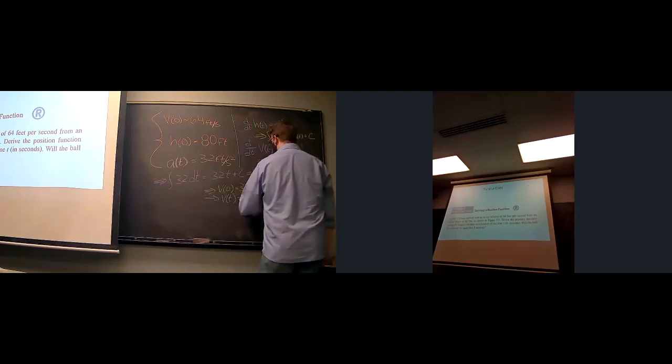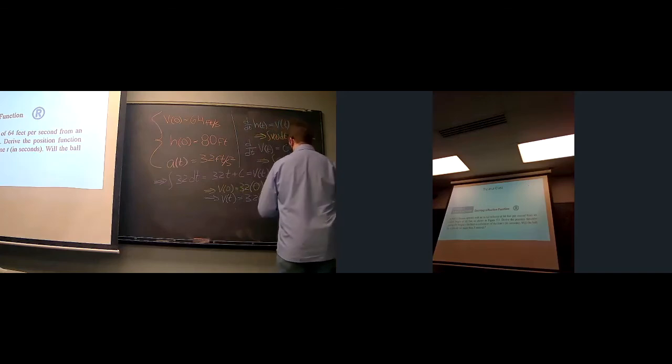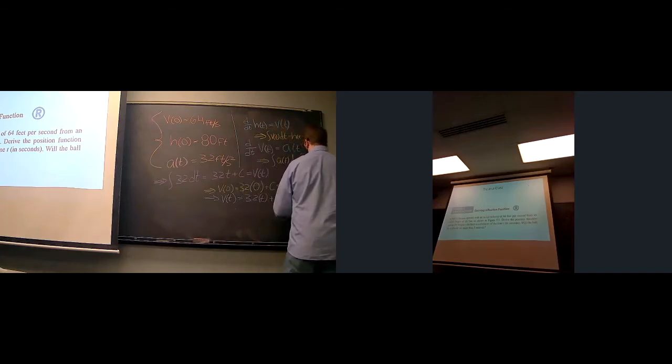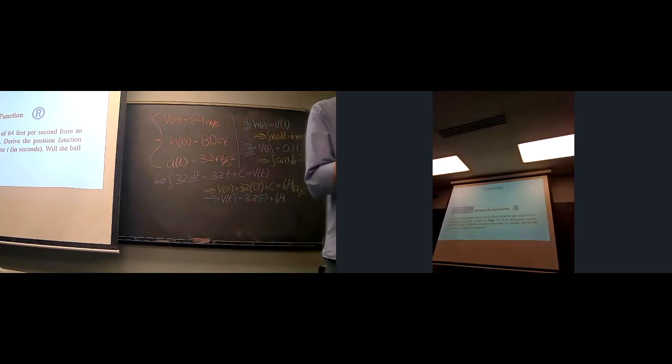This is going to be 32 times t plus 64 feet per second. And this is 32 feet per second squared. I'm actually going to erase the constant for now. All right, so we're going to play the same trick, but this time we're going to try to get the height function.